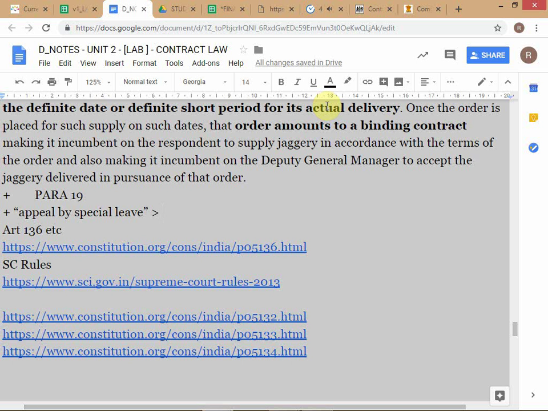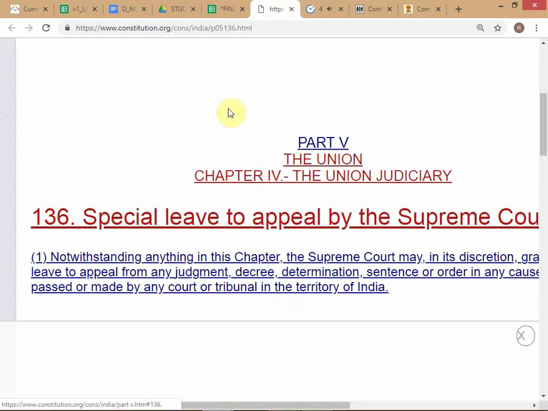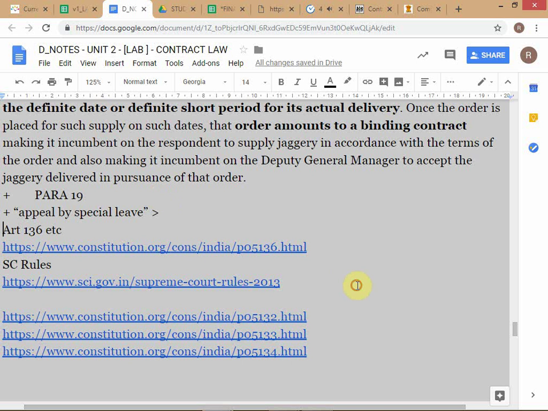If you see that there is this appeal by special leave, it is happening under Article 136. I put all these links in your notes. All this stuff which I'm putting in the draft notes will then be pasted into your version of the S underscore contract law notes. So this will all be there for you.